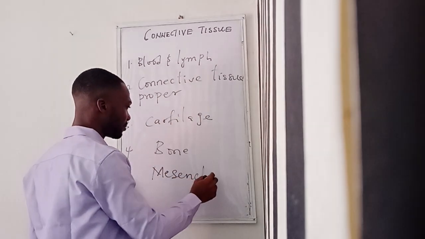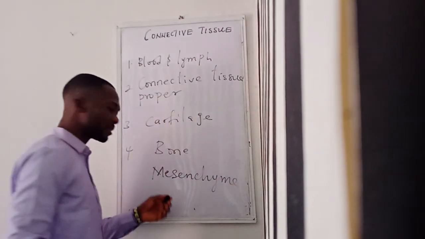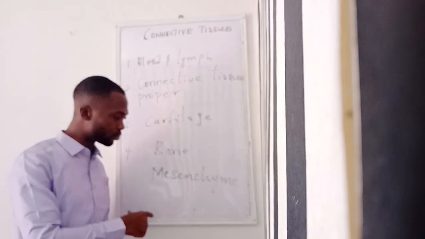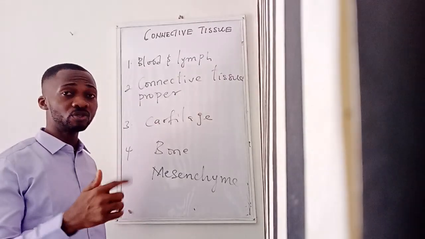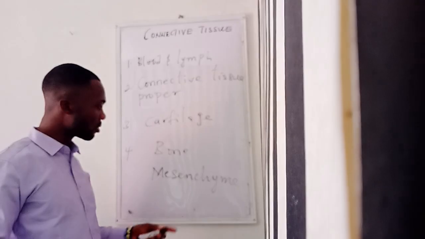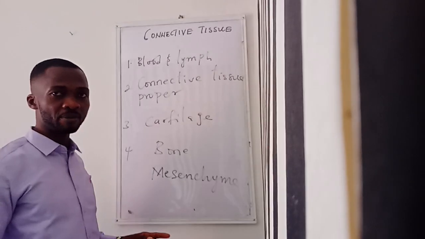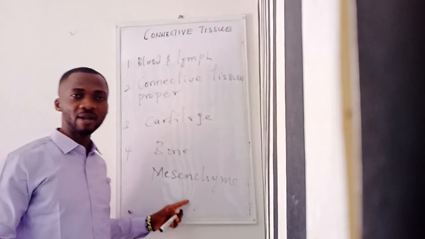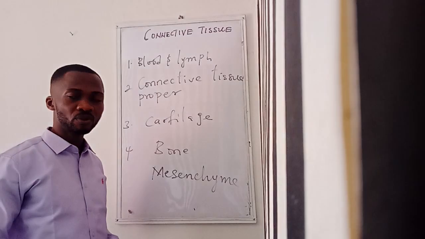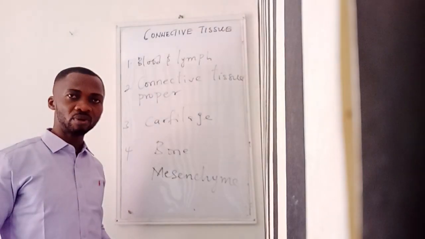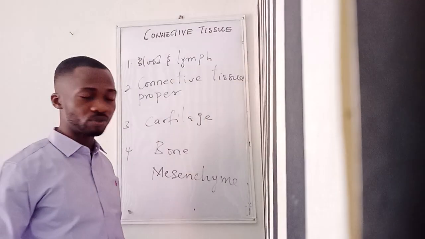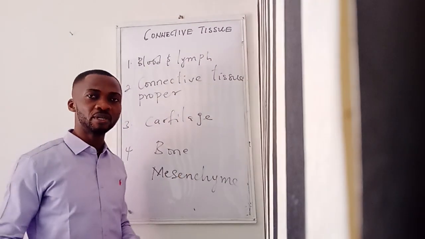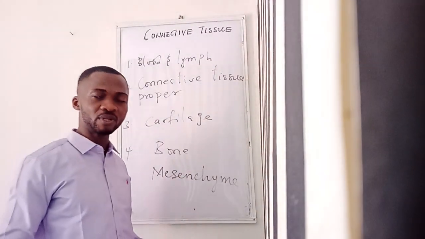The mesenchyme is the embryonic tissue from which other connective tissues arise, or are derived. And the blood is also derived from this mesenchyme tissue. So other connective tissues and the blood have common origin, and that is why blood is regarded as a connective tissue. Because somebody may ask that kind of question in the exam.